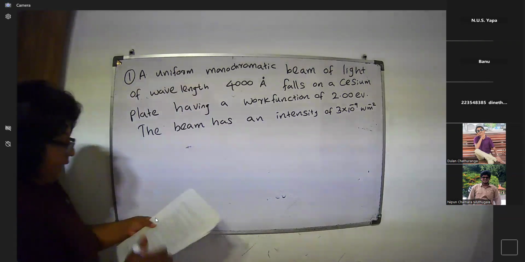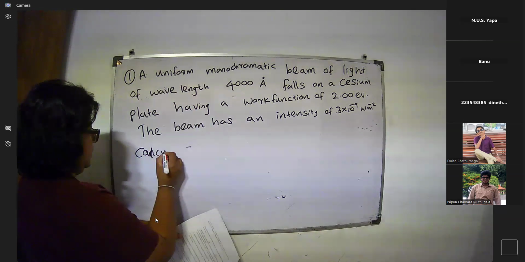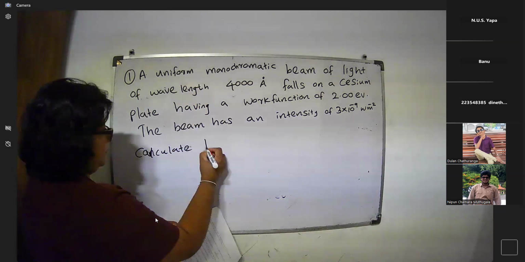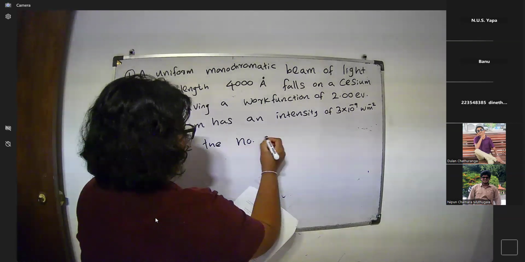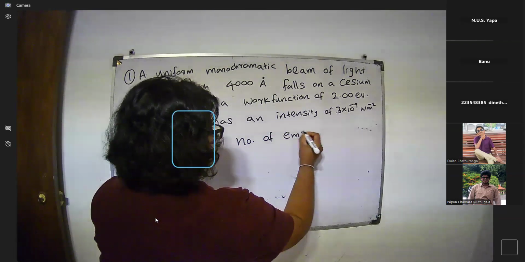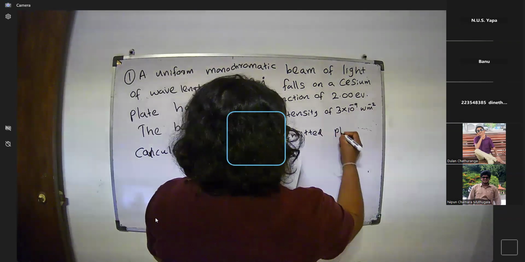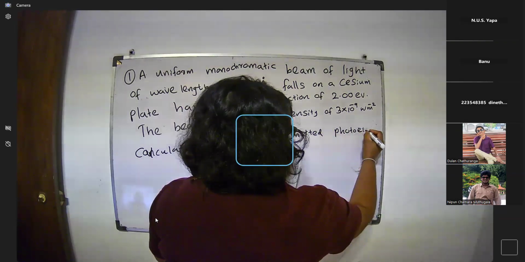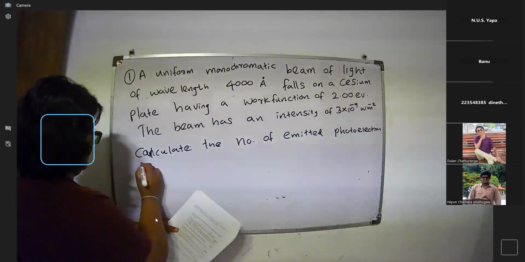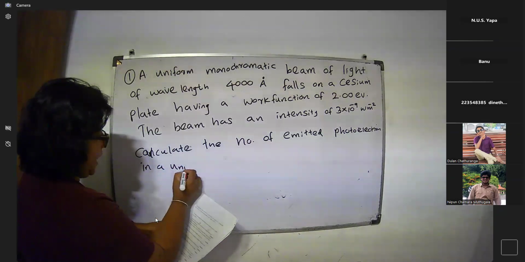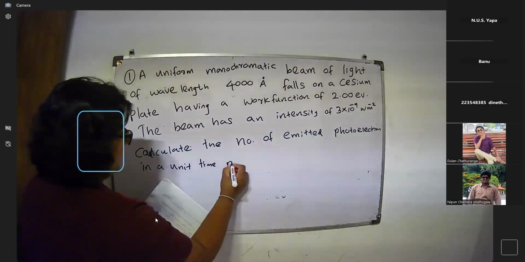Calculate the number of emitted photoelectrons in a unit time per unit area.